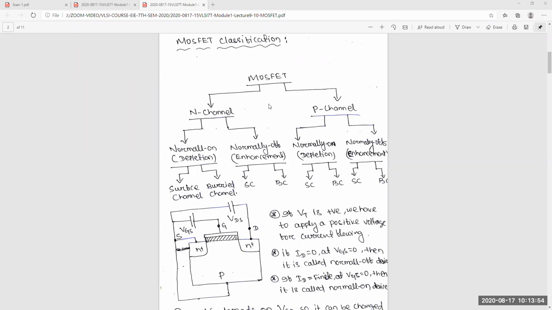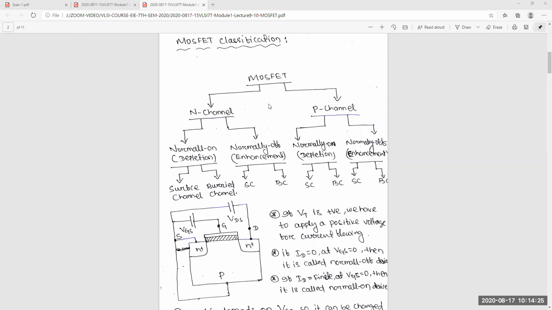But again, normally on or normally off also have two types: surface channel and buried channel. What is a surface channel? A surface channel means the current flows at the surface only. That means all the charges, the interface charges, the inversion charges, are at the surface only, in a very thin region.